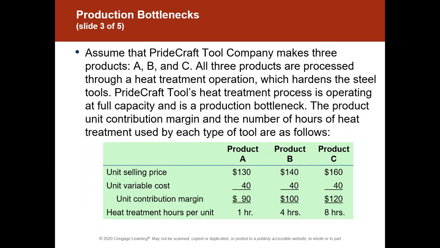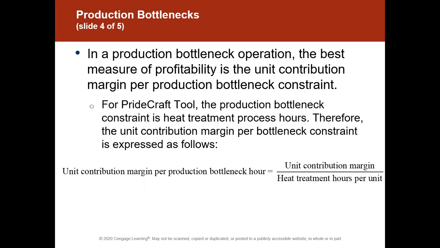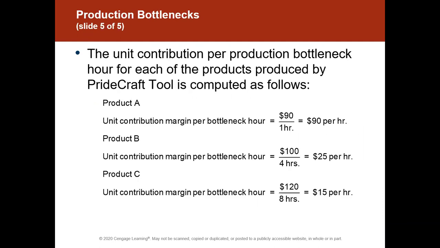So sometimes it helps us to reframe the decision in terms of what the constraint or bottleneck is. And then we can find out, even though product A makes less money, if we're at capacity and it's making more per hour of constraint, it's still the better deal for us, right? We can crank a lot more of those out as long as there's a market for those. So unit contribution margin per production bottleneck hour, 90, 25, and 15. It helps us make better decisions, okay? That's the idea behind all of this.